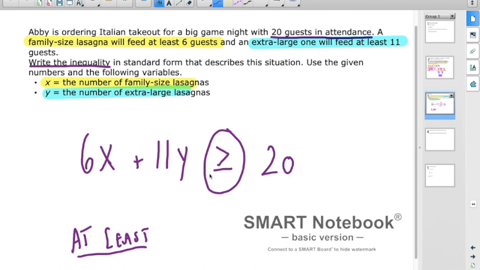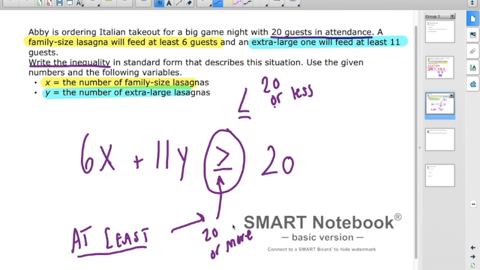I don't want it so that I don't have enough to feed the guests. If it said that it was less than or equal to 20, that means that it would feed up to 20 or less. That's what this would say. But this one is saying this will feed at least 20 or more. Okay, so you just got to be careful with how you represent your inequalities.